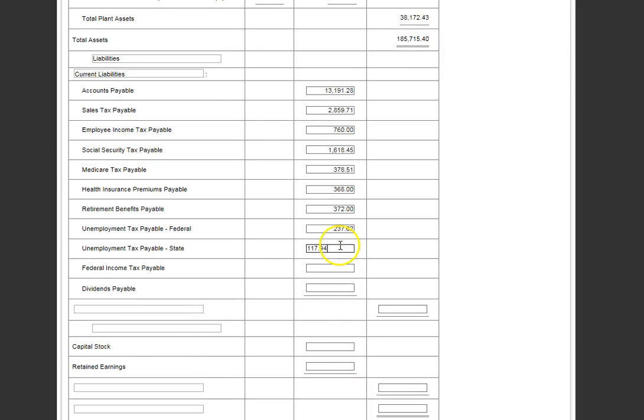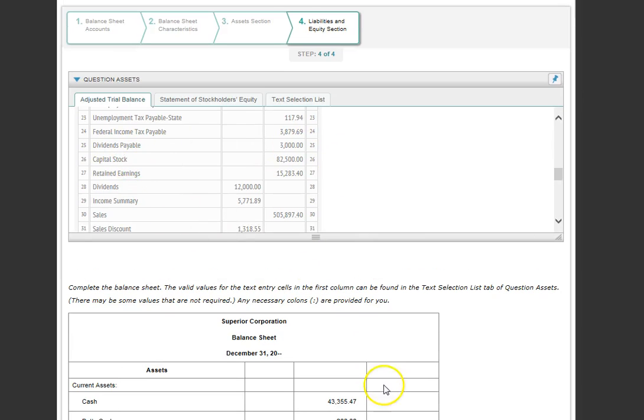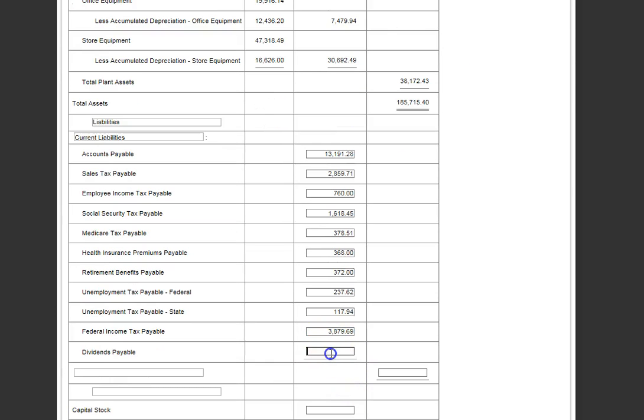Federal income tax payable, 3879. And then dividends payable, 3,000. Okay, that gives us our total liabilities. I'm going to push pause and add. Sorry, I know you guys didn't want to watch me add again. Got it.